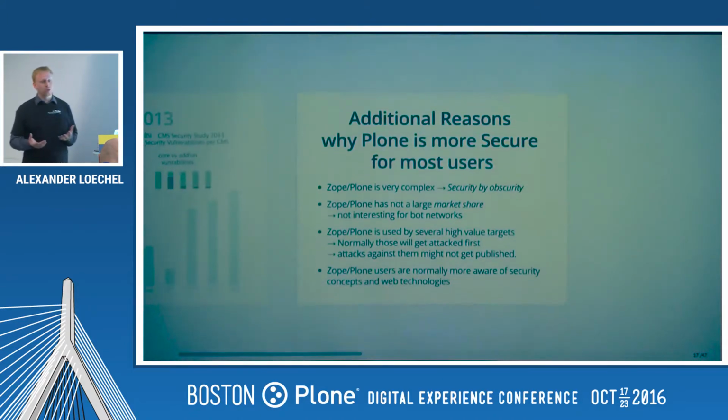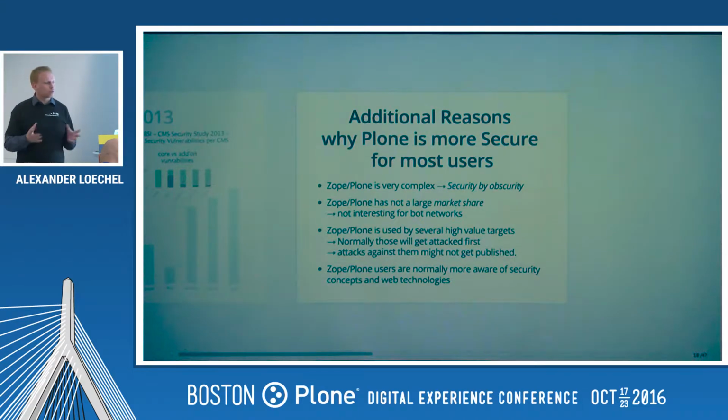And there are additional reasons, and some of them sound pretty obscure. Zope and Plone is very complex. And if the security researchers or hackers don't understand it, it's security by obscurity. Sorry, it is. Plone does not have the large market share we would like to have.